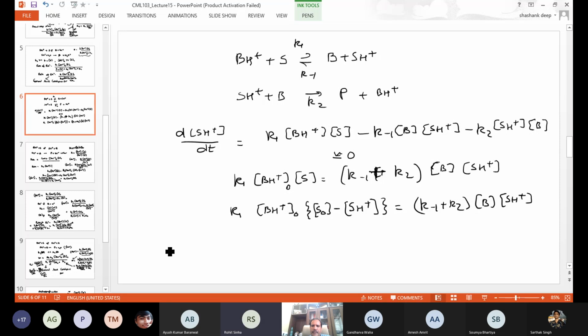Then the SH plus term you can take to that side. So K1 BH plus naught into S naught equals K minus 1 plus K2 plus K1 BH plus naught into SH plus. Is this okay?